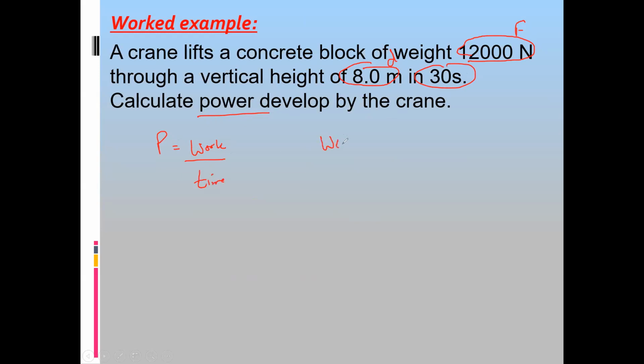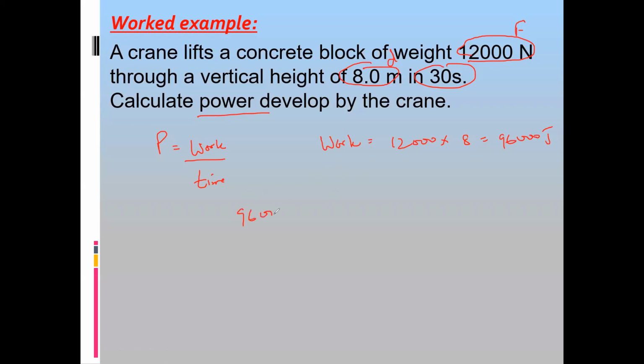So what is the work done here? How much work is done? So work is force 12,000 multiplied by 8. That will give us the work done, 12 multiplied by 8, which is 96. So this will be 96,000 joules is the work done.